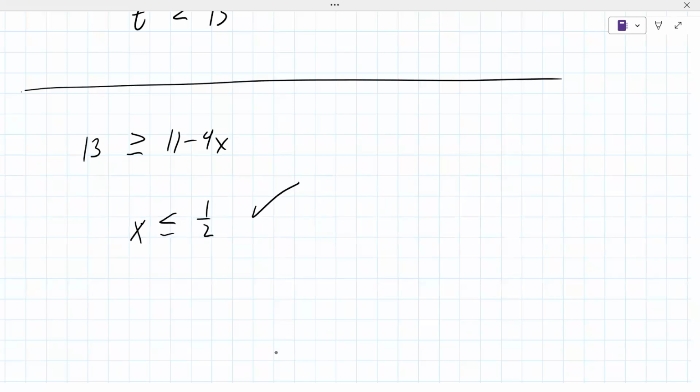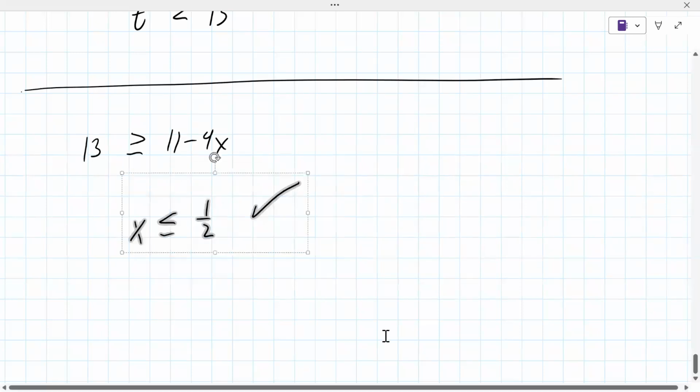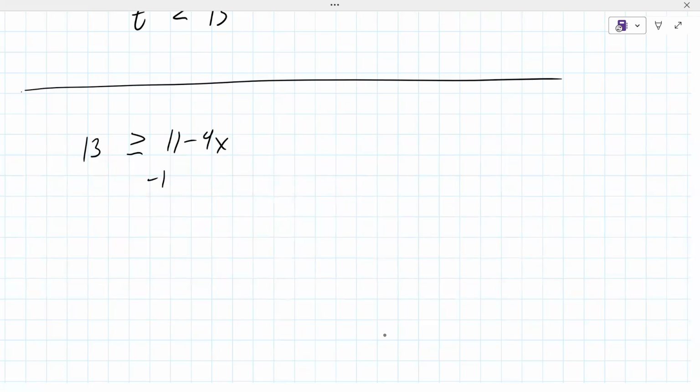Okay, good. What about the sign? Isn't that the right sign? Sorry, I spoke too soon. No. X is greater than or equal to 1/2. If you're dividing by -4, you have a positive divided by negative. Yes, that flips the inequality.